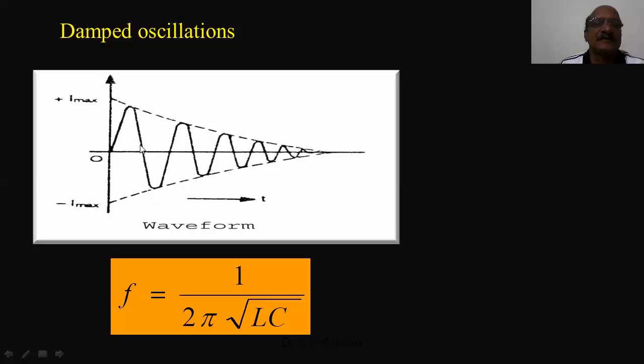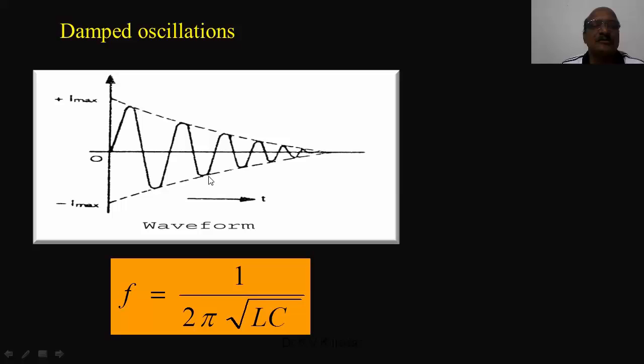Again, when this discharging current becomes zero, the charging again takes place. So this charging and discharging of the capacitor gives rise to electrical oscillations. But what is the drawback of these oscillations? These are damped oscillations because the amplitude of oscillation slowly goes on decreasing, and after a certain time it becomes zero when the total charge is lost by the capacitor. So these are damped oscillations.